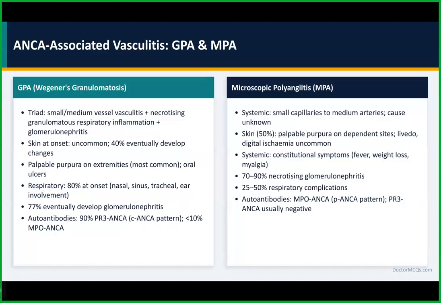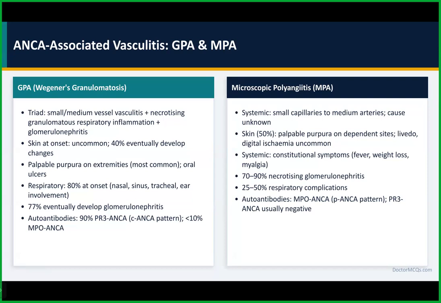Then comes ANCA-associated vasculitis: Wegener's granulomatosis and microscopic polyangiitis, very important skin vasculitis conditions. Firstly, there is a triad involving small to medium-sized vessels: necrotizing granulomatosis and also glomerulonephritis. The skin condition is uncommon, but it presents with palpable purpura on the extremities, with oral ulcers present.